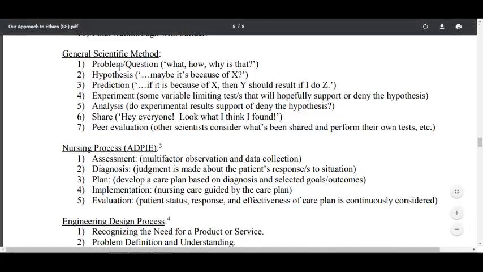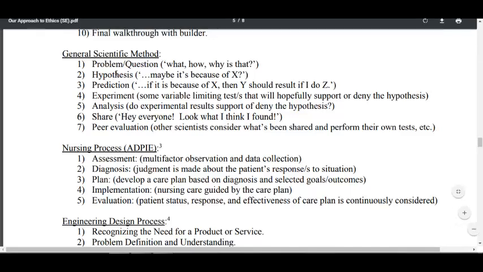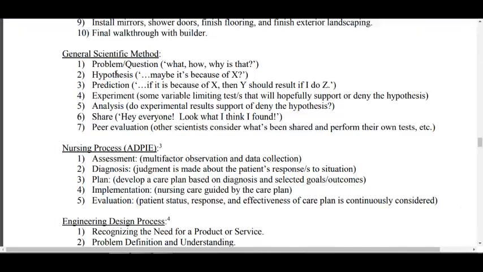You have to work out the problem, the question you're trying to address. Then you create a hypothesis that is a proposed answer to that question. It's a possible answer. Then you make predictions that would validate or invalidate, add support to or take support away from your hypothesis. That's what your predictions do. Then you experiment. You actually go poke the things with the sticks.